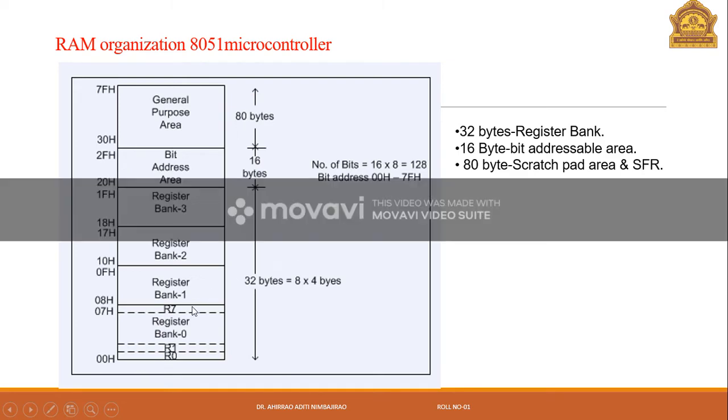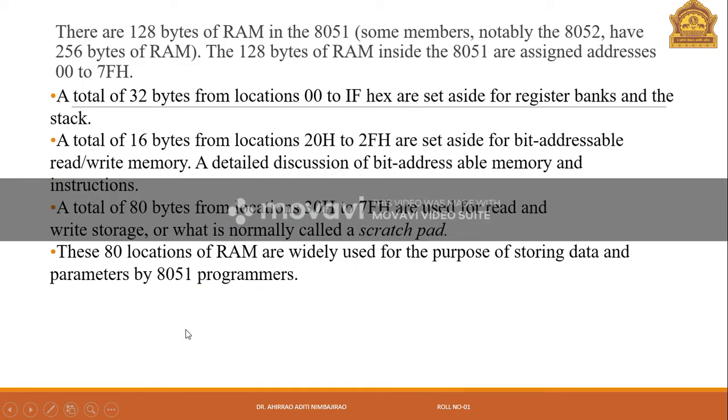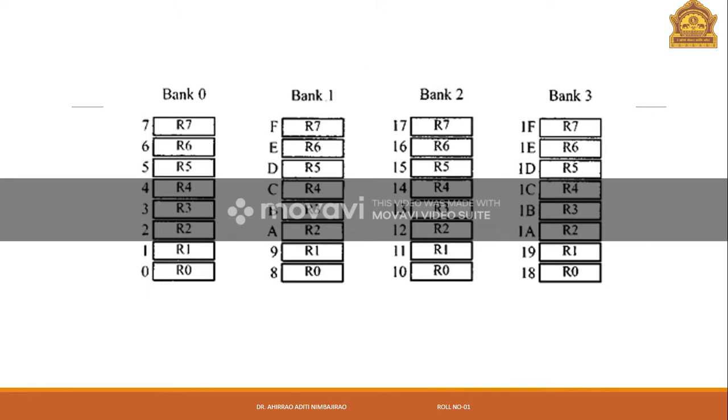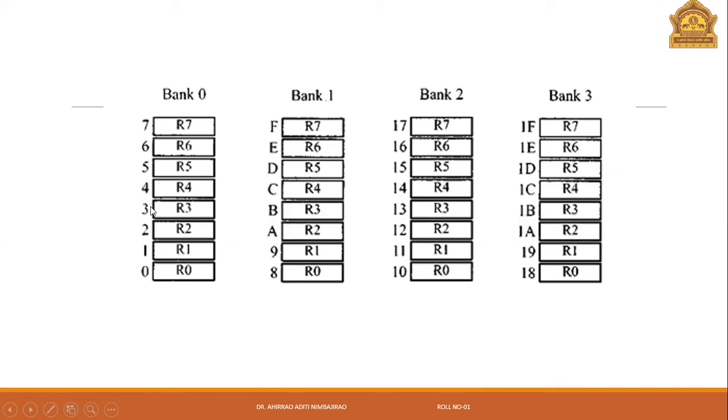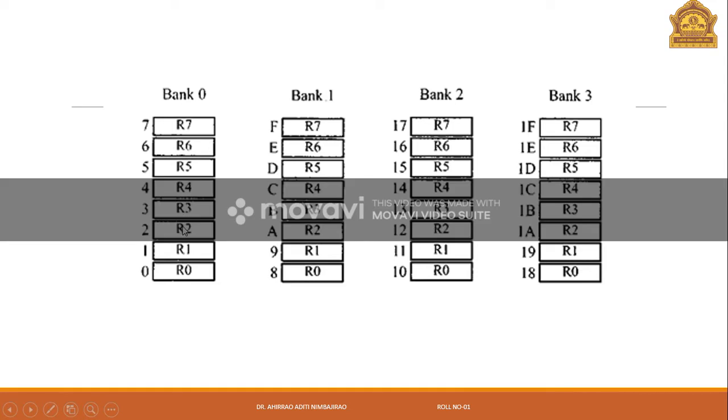So how can we give the address to this? See, it is from 0. R0 is for the 0th memory location for bank 0. Now the next address is 01, that is for R1. 2 is for R2.